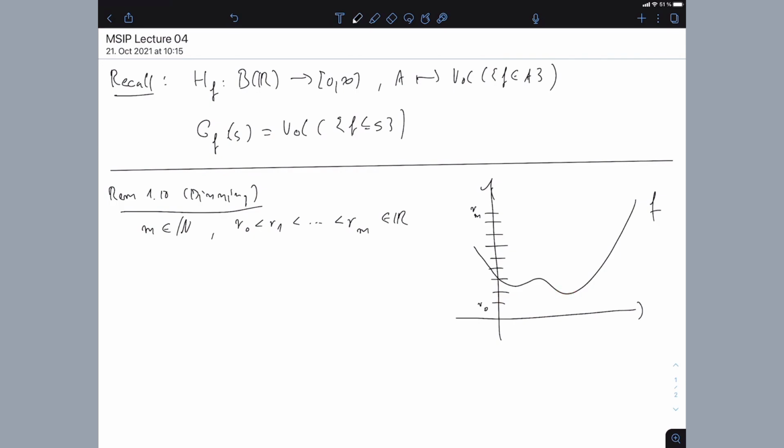For instance, if we look at this part here, f only takes values in this range, in the interval sketched down here.